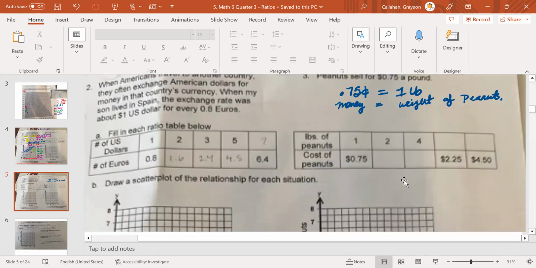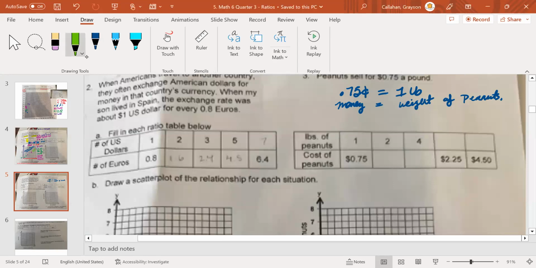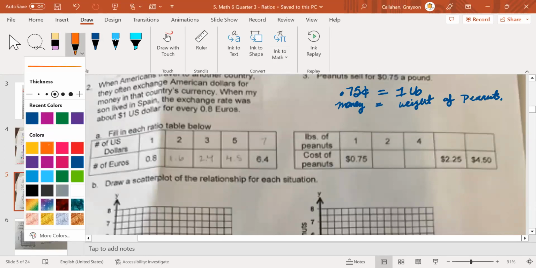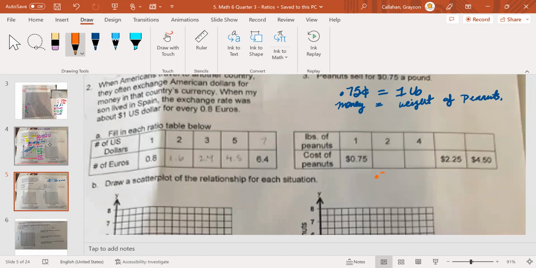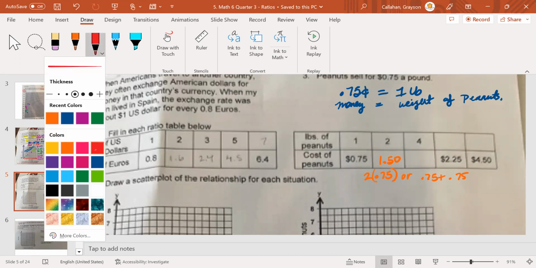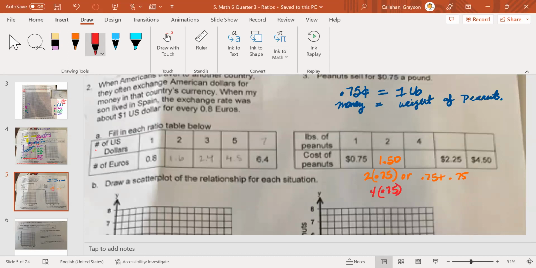You ready? All right. So when I fill in this table, 1 equals 0.75. Then 2, it's just going to be 0.75 times 2, right? Or you could do 0.75 plus 0.75, which is going to be $1.50. If it's 4, isn't that just 0.75 times 4? Or it's $1.50 plus another $1.50 because there's 2 of them, which is now $3, right?